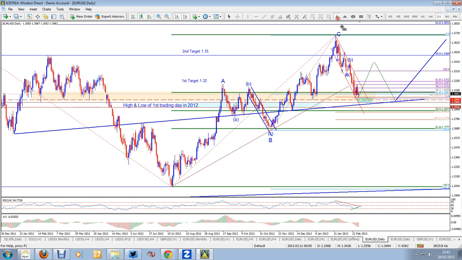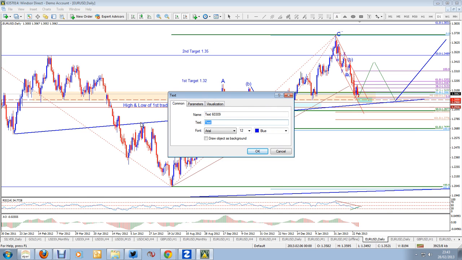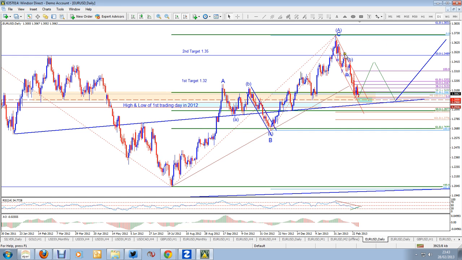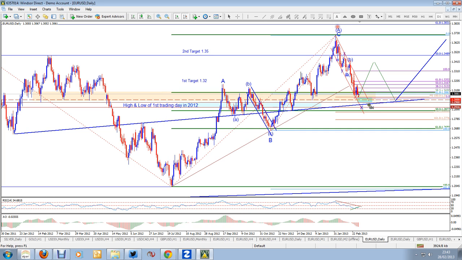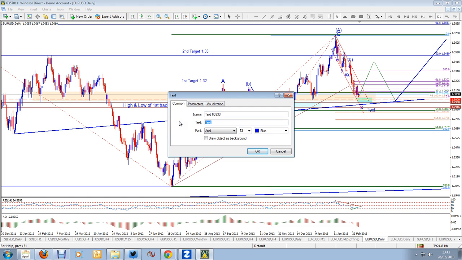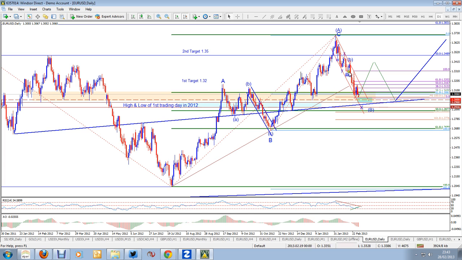So if I put it up there like that, big capital A in bracket, or we might have that as A, B and C, and then this one possibly either an X wave, or it might form a big capital B. We won't know which one, and it won't be that important right now. It will become important later on.